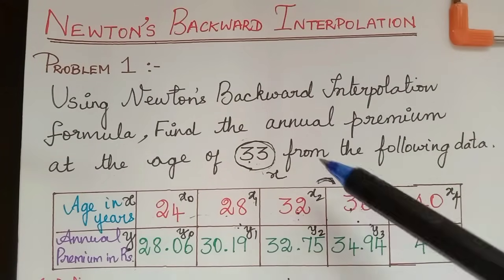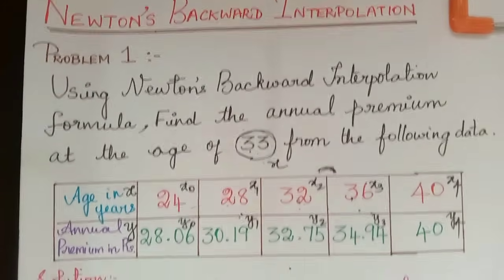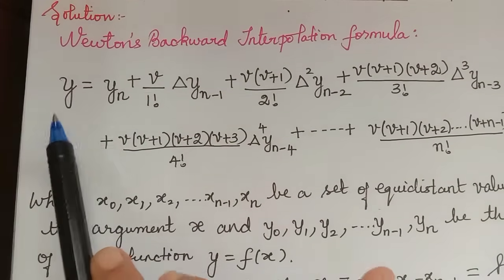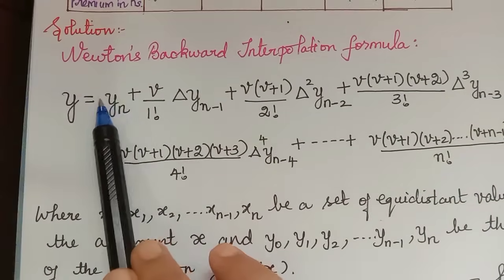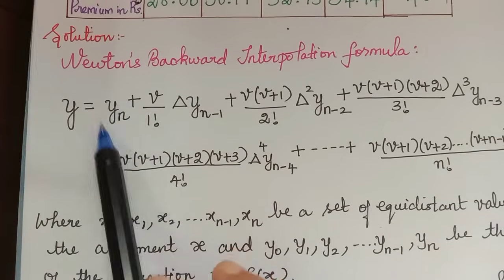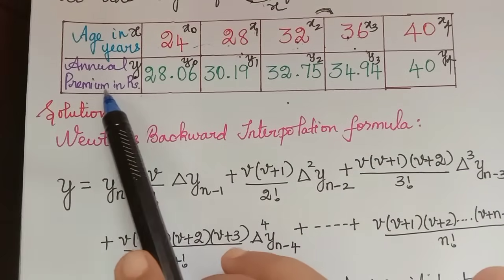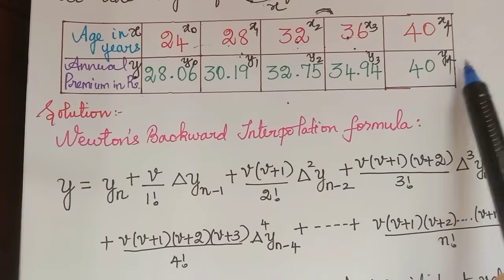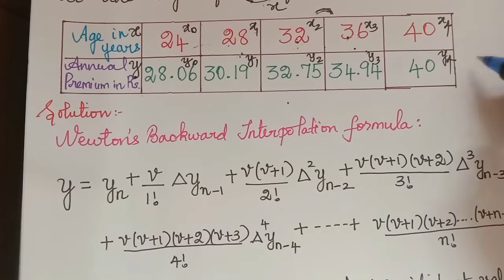So now let us proceed with this problem. Newton's backward interpolation formula is given here. So it is y equal to yn, where yn is the last value of this table. That is y4, as the value of n is equal to 4.